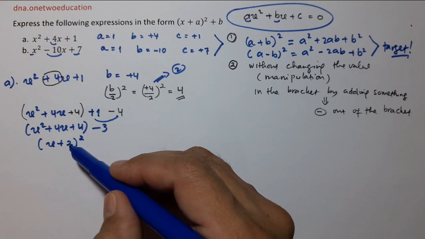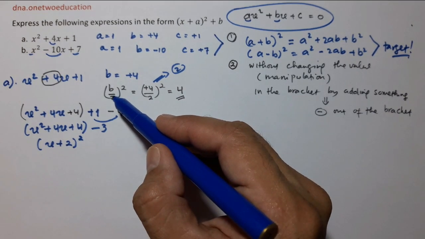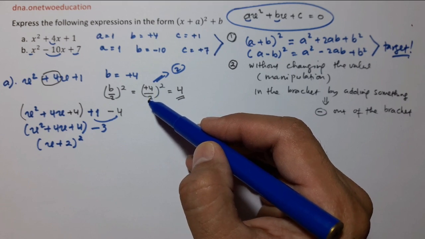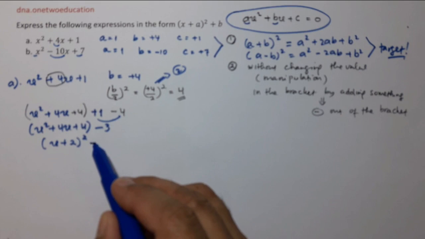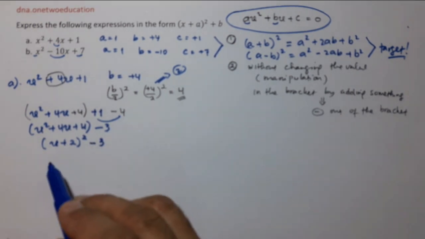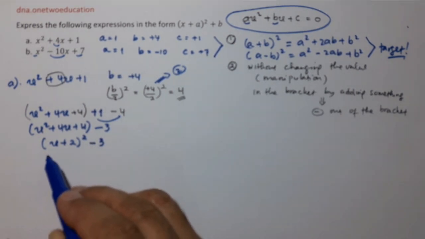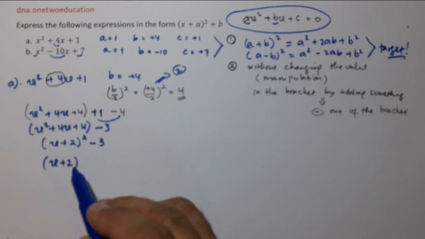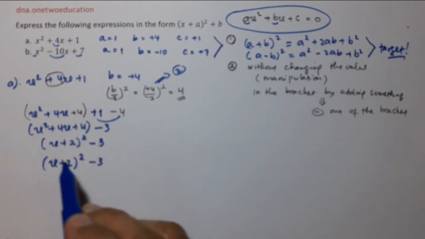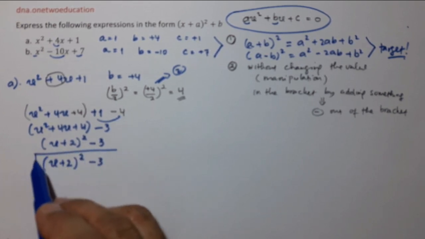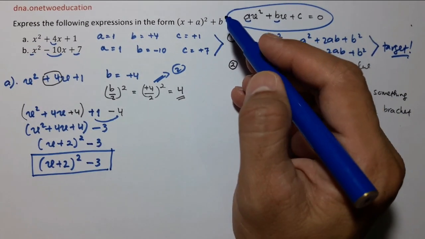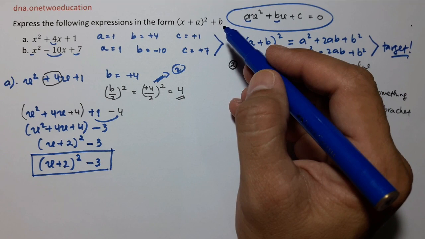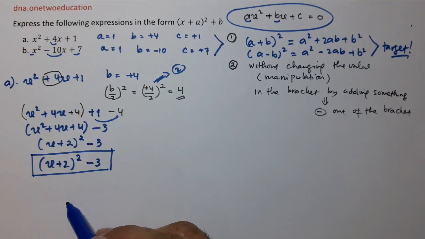Then negative 3. So the expression is (x plus 2) squared minus 3. This is the expression of the form (x plus a) squared plus b. Is it clear? Hopefully it's clear.